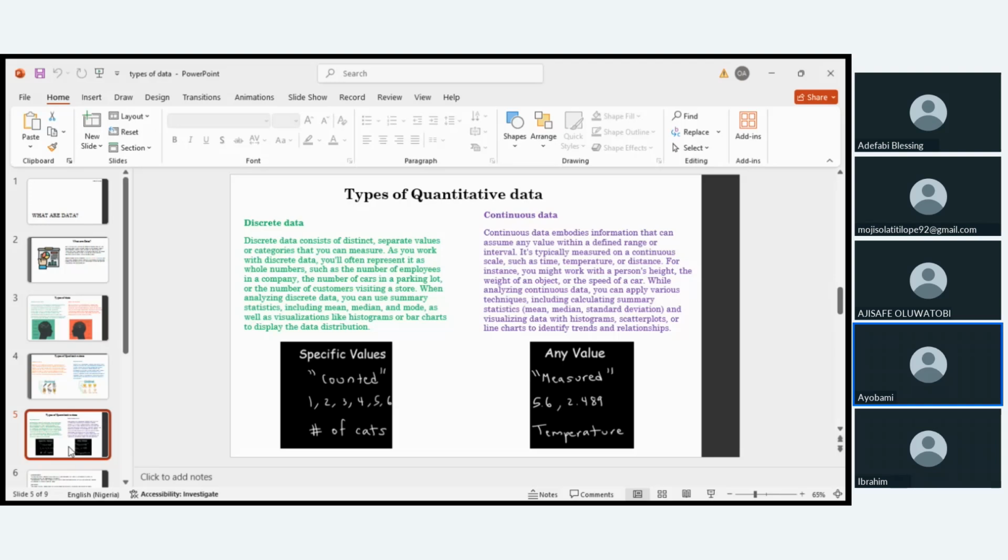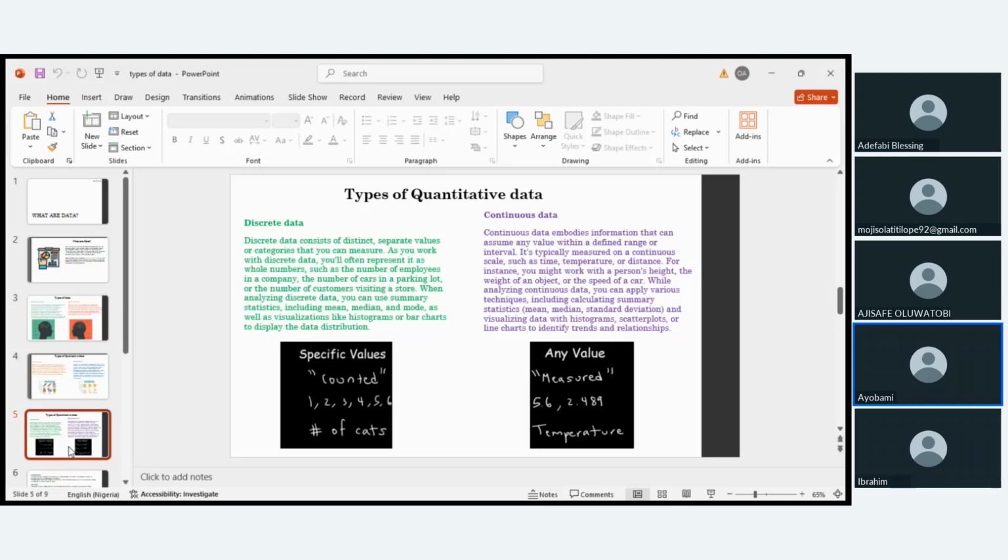Now, when I'm talking about whole numbers, I don't think you can count in negative integers, so it's definitely positive integers: 1, 2, 3, 4, 5, 6, 7, 8, 9, 10, and so on and so forth. So when you are dealing with data that comes in that form, you know that you are dealing with discrete data. They will always take a number, and that is why they can be counted.